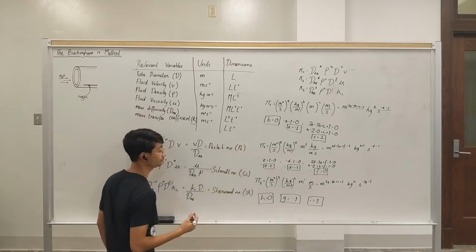Well, now you might be wondering, are these combinations of variables that important that they should get names of their own? Well, the short answer is yes, because the situation that we just looked at is a very general situation where convective mass transfer is happening. And every time there's convective mass transfer, the whole process is always going to be affected by what the diffusion coefficient is, what the mass transfer coefficient is, what the density and viscosity of the fluid is, and even an effective length, which in this case was the diameter of the pipe.